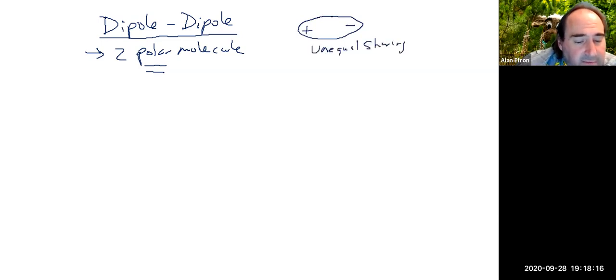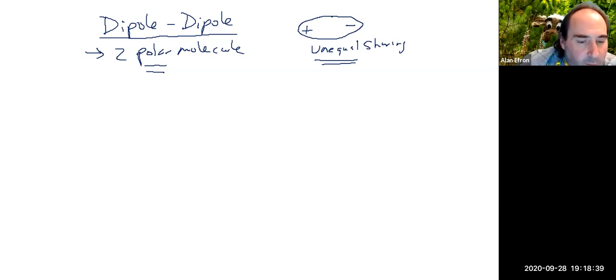Now, the difference between this positive and negative guy and the previous one is that no matter what the situation is, he will always have a positive side and a negative side. He is good to go. He is ready to go right off the bat. Nothing will happen that will ever make his electrons go one way or the other. They're always going to be in that location.